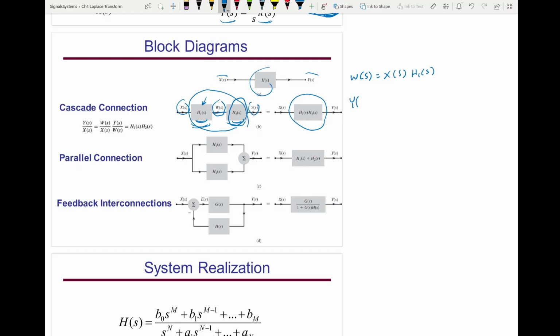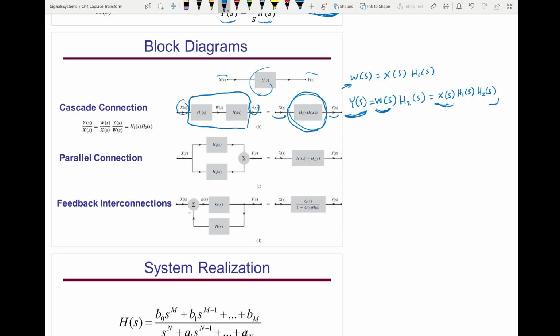So the output y of s will be w of s times the transfer function h2 of s. If I substitute the value of w of s using this equation, then it will be x of s, h1 of s, h2 of s. So if I represent these cascade systems as one system here, the input is x of s and the output y of s. This is the equation. That's the output.